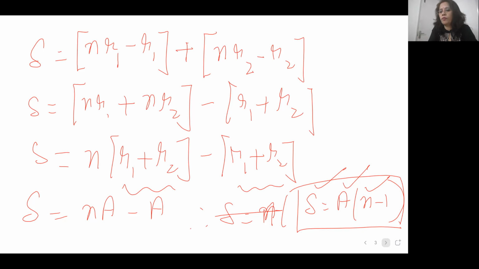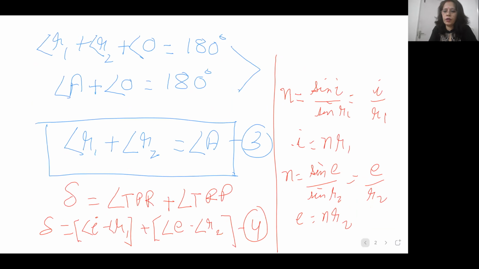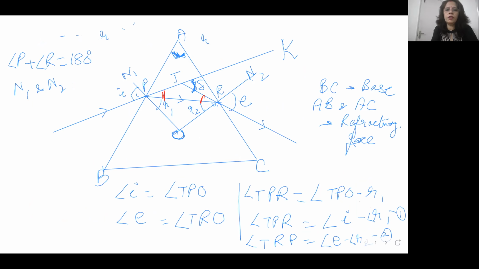More the angle of prism, more will be the deviation. More the refractive index, more will be the deviation. I hope it's clear. Again, more the refractive index, more the deviation, and more the angle of prism, more the deviation.